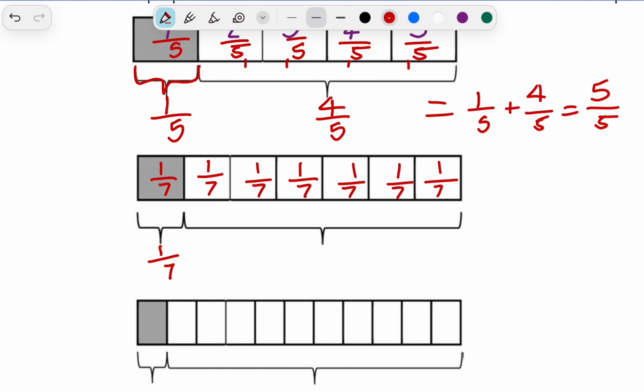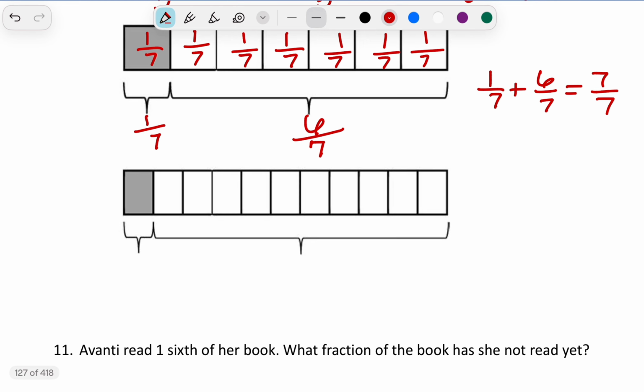That makes 1/7, which has to mean 6/7 are not shaded. So if I add 1/7 plus 6/7, that will make our whole of 7/7.